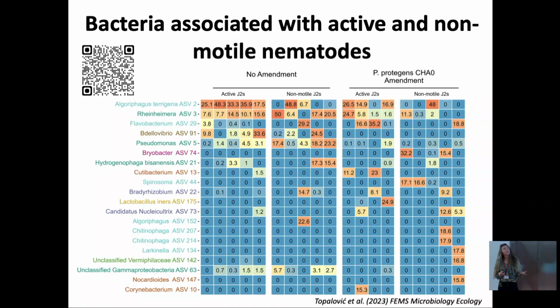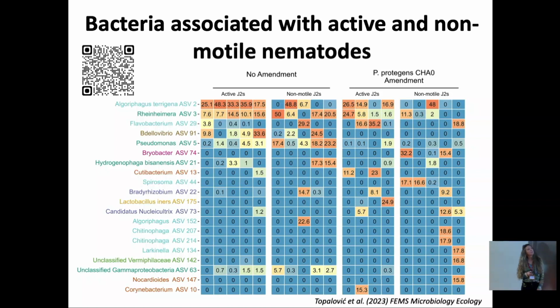For instance, in C. elegans, these bacteria were found to confer resistance against some antagonists, while on non-motile nematodes, we saw an enrichment of a Pseudomonas ASV, and Pseudomonas is known as a nematode antagonist.